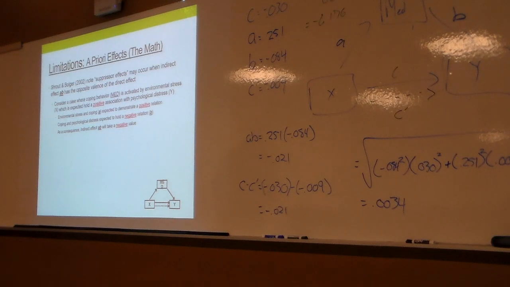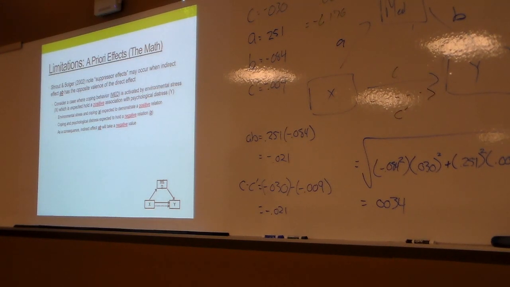Well, what I might find is that the residual relation between X and Y, this is environmental stress and psychological distress. What's the relation between environmental stress and psychological stress supposed to be? Positive, right? If I got partial mediation through coping, and my AB path is about the same strength as my residual XY left over, right?